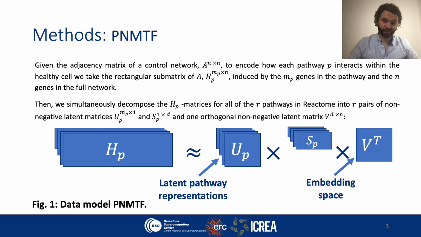To do so, we first compute for every pathway in our set of curated pathways the matrix HP, which encodes how that given pathway interacts with the rest of the genes in the cell. For a given pathway P, we compute HP as the submatrix that is induced by the genes in that pathway on one axis and the rest of the genes in the cell on the other axis.